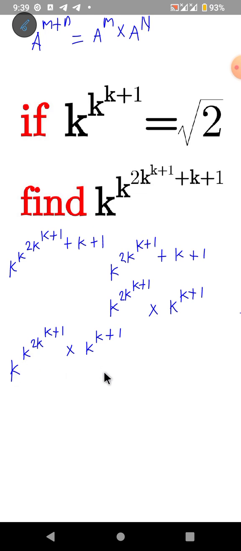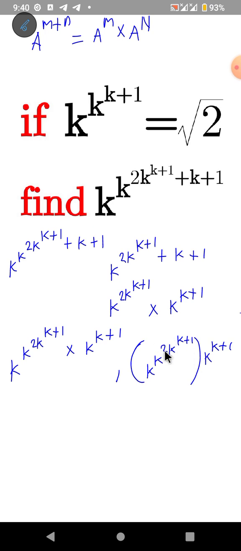Then now my next step now will be to open a bracket. Now I'm going to write this now, say k raised to the power of k raised to the power of 2k raised to the power of k plus 1, then close my bracket, then all raised to the power k raised to the power of k plus 1.